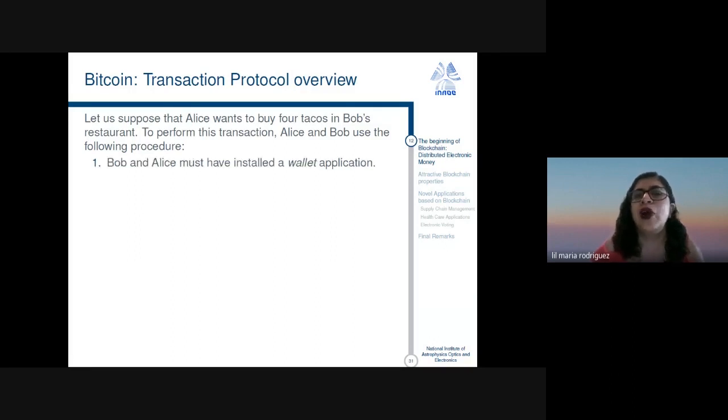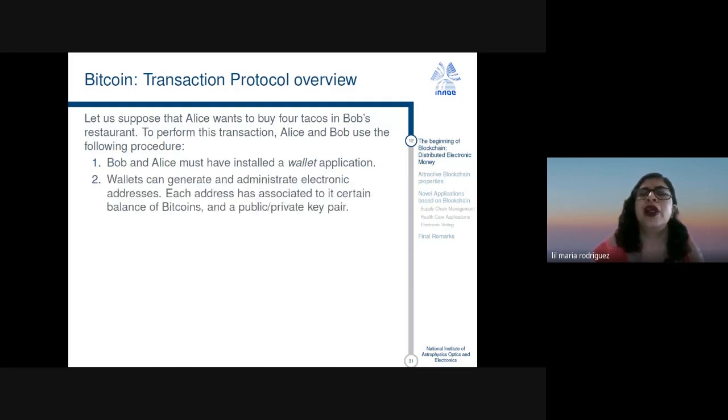First, Bob and Alice must have installed a wallet application. Then, wallets can generate and administrate the electronic addresses. Each address has associated to it a certain balance of Bitcoins and a public-private key pair.